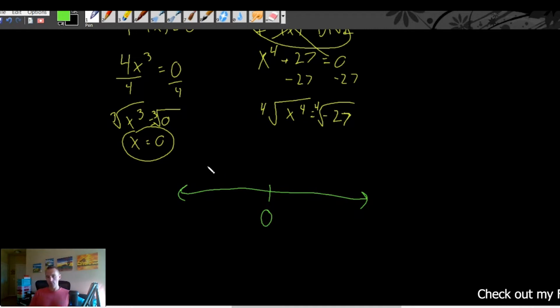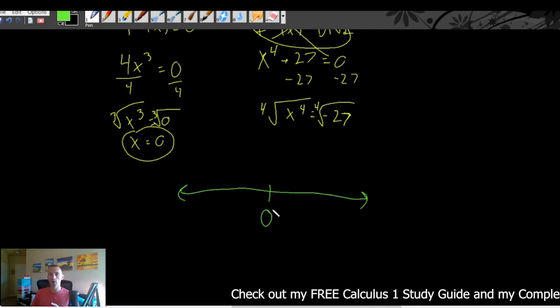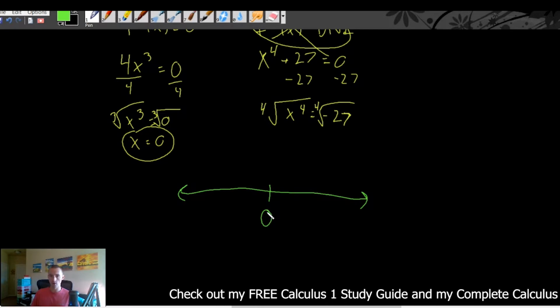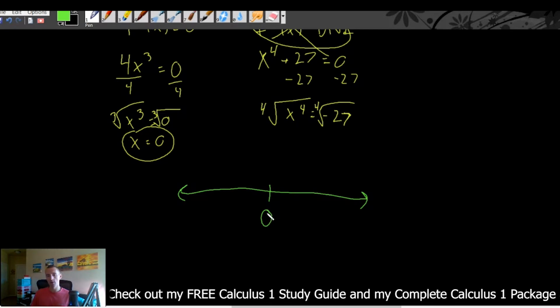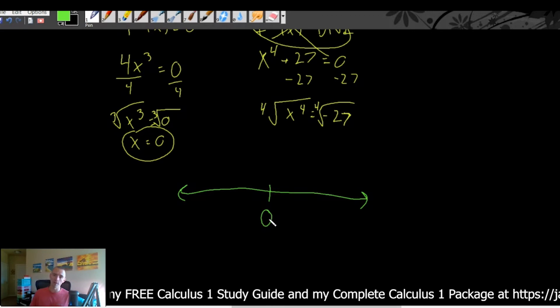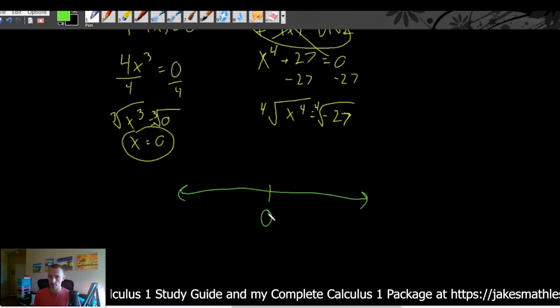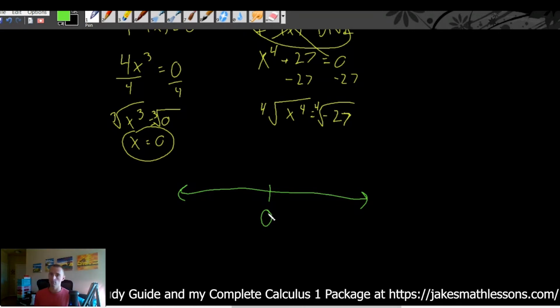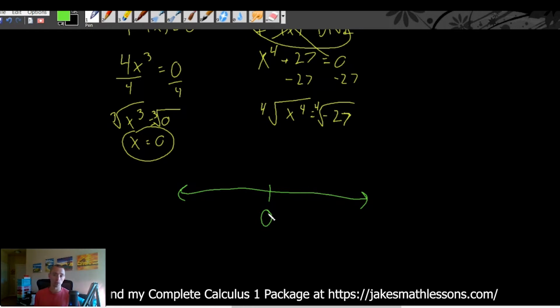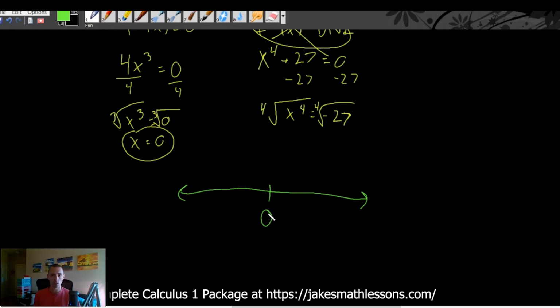So be careful. In this case, x equals 0 is a critical number, and that's why it's on our number line. A very common mistake I see people make is that they will always put x equals 0 on their number line. But the only reason you want to do that is if x equals 0 is a place where your original function has issues, or if it's a critical number.